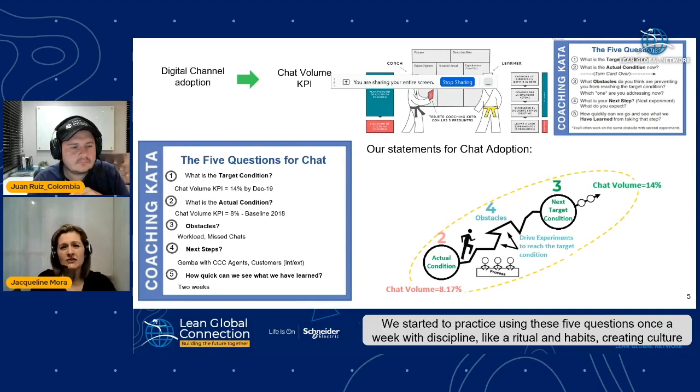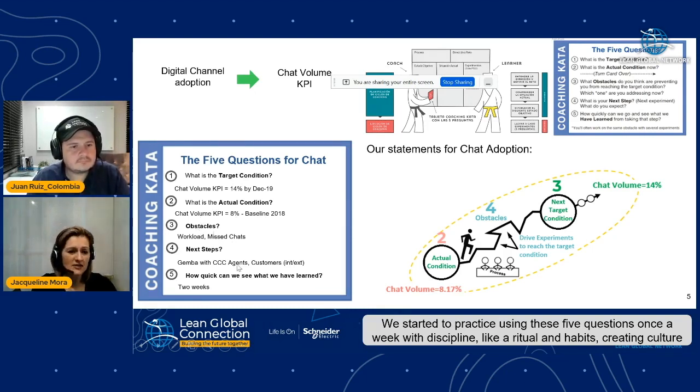So when we decided to start with Kata, we used the 5 questions for chat. And this is our first ritual, to repeat the key 5 questions. It's necessary to identify what is the target condition, what is your actual condition or baseline, what are the obstacles, what is the next step.